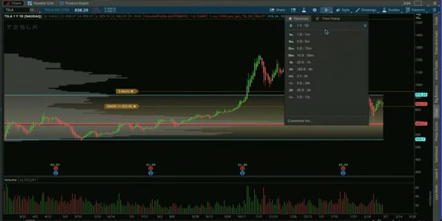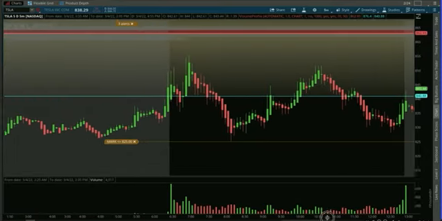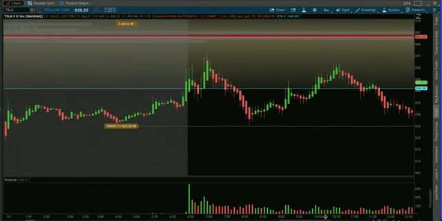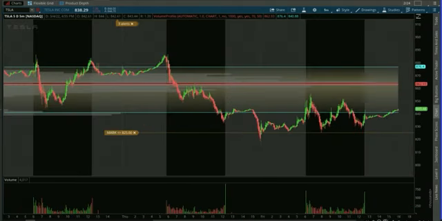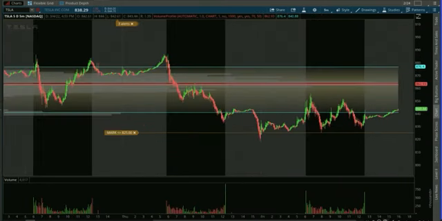Let's say you were day trading Tesla. Let's take a look at that for a moment. Could you utilize the volume profile to do that? And you can. Let me put it in another way.